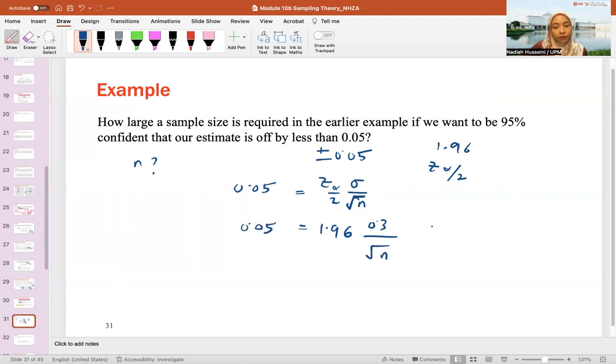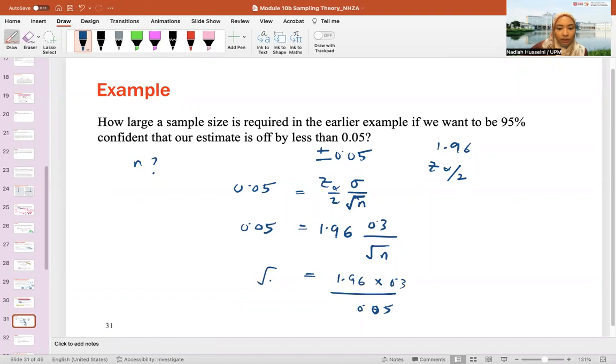Now I can solve for n. Fairly straightforward, 0.05 divided by 1.96 divided by 0.3. No, I need to get this over here. So let me try that again. I want my n to be the subject, right? So I'm bringing this guy over here: 1.96 times 0.3 divided by 0.05.